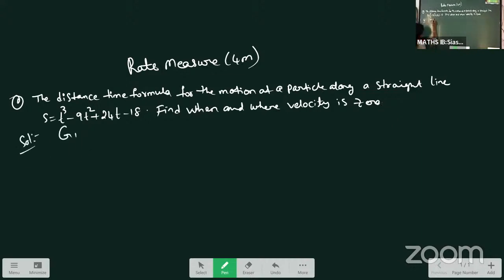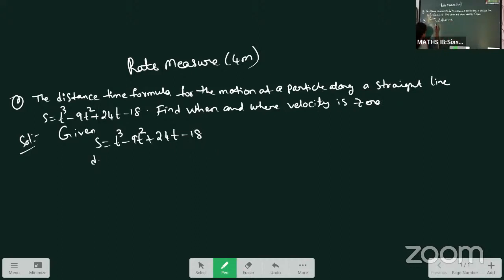So first, solution. Given S is equals to T cube minus 9T square plus 24T minus 18. With respect to time, we have to differentiate.